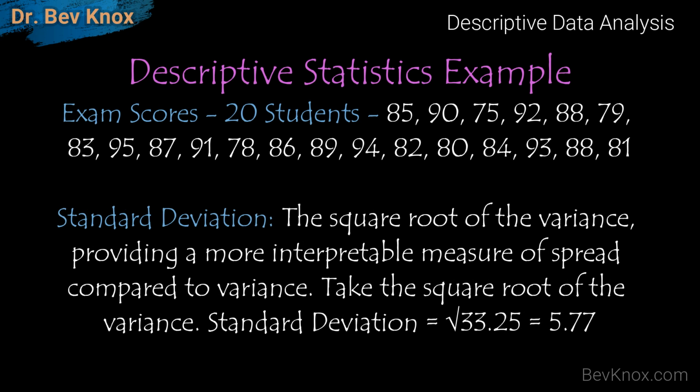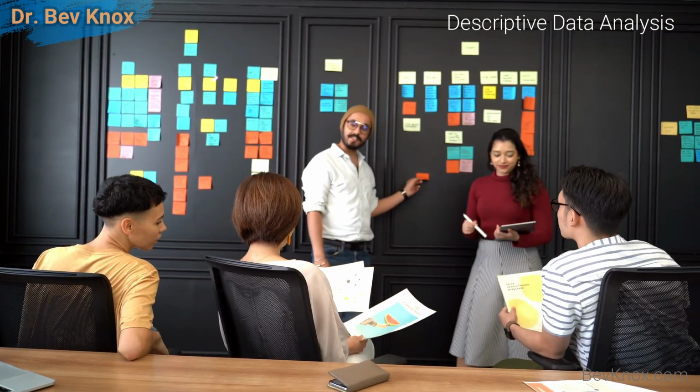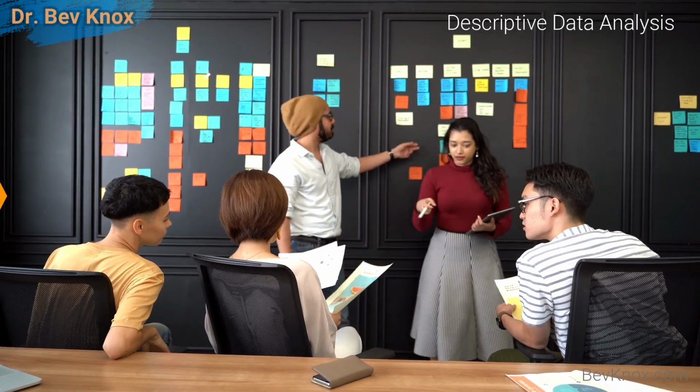The standard deviation is the square root of the variance, providing a more interpretable measure of spread compared to the variance. Take the square root of the variance, and that is the standard deviation. But how do you organize your data?